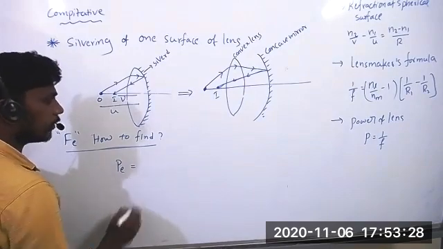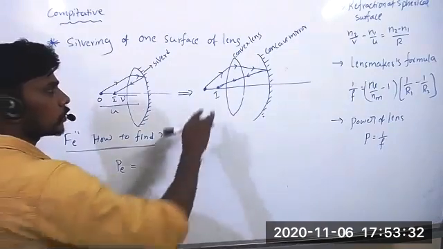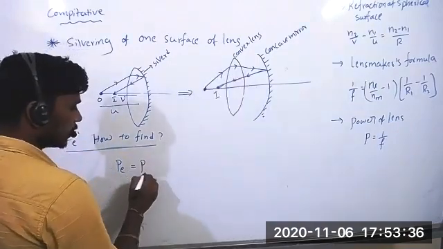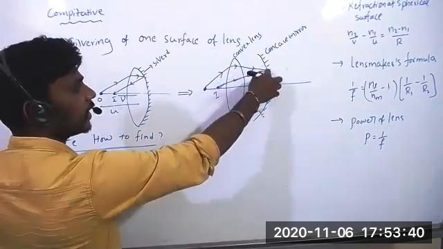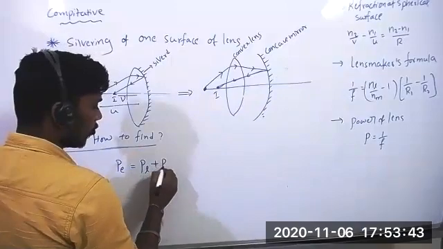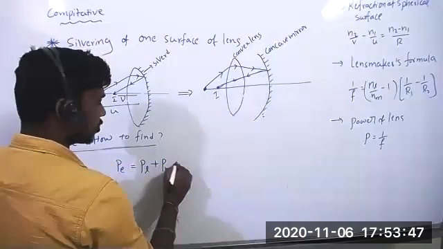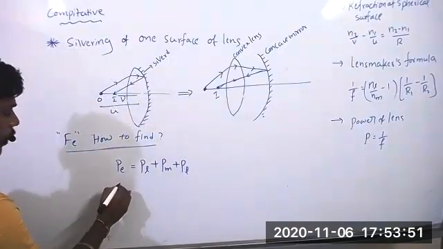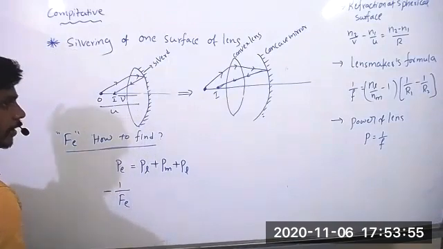Power equivalent equals the power we are calculating. So first light is passing through the lens, so power of lens, plus after that light is incident on the mirror, so power of mirror. Again light passes through the lens, so power of lens. So 1 by focal length, here I am taking minus 1 by Fe.